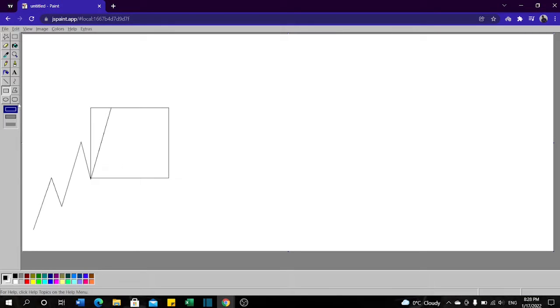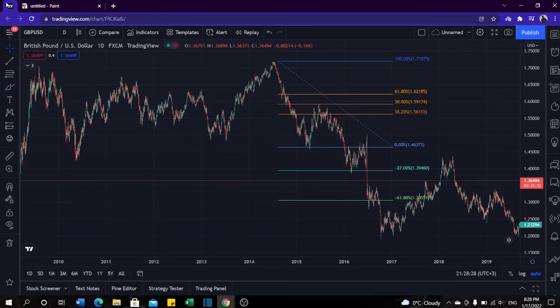So let me draw a simple line to represent a retracement level in Fibonacci. Let me say this is my 38.2.